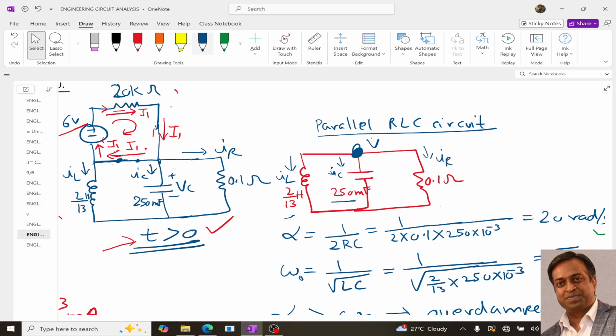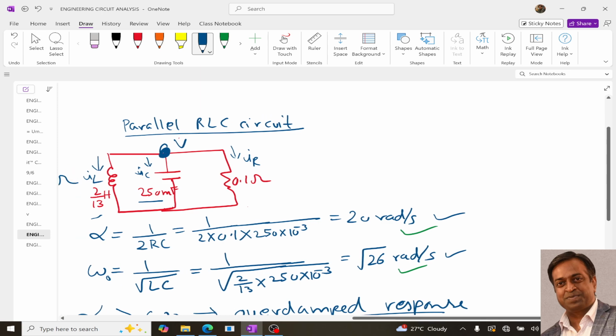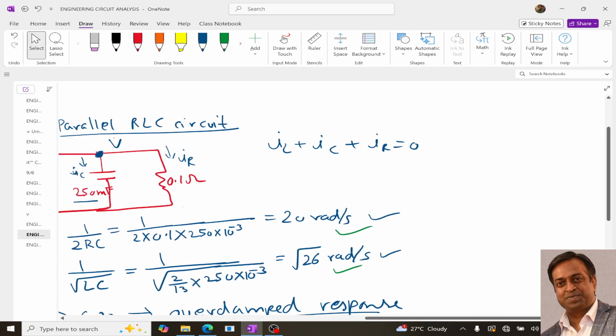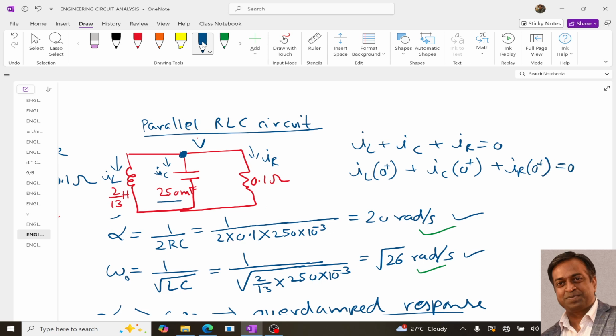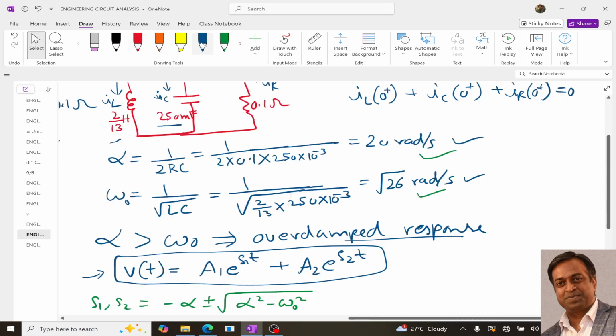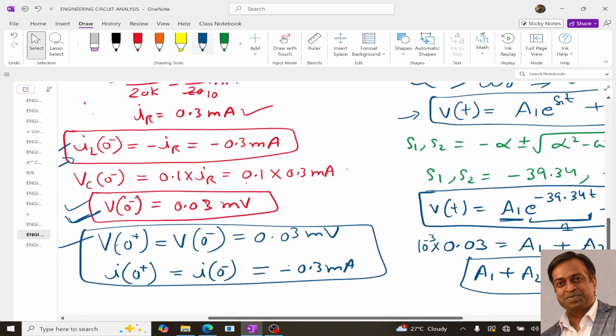So applying KCL at this node, we will get IL plus IC plus IR equal to 0. For the initial condition, it will be IL at 0 plus, IC at 0 plus, IR at 0 plus equal to 0, right? Now IL at 0 plus, we know what it is.